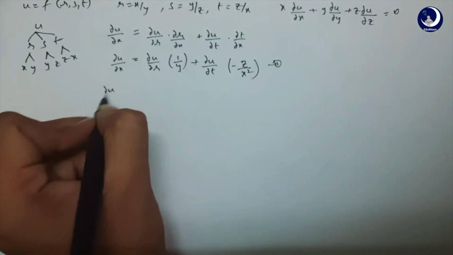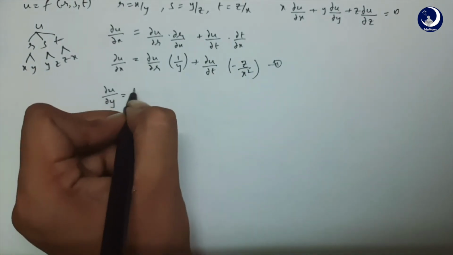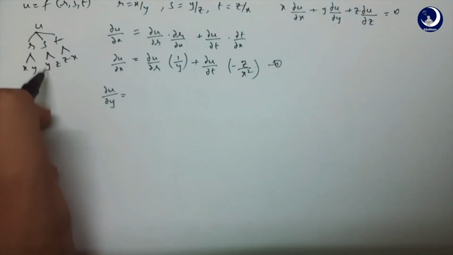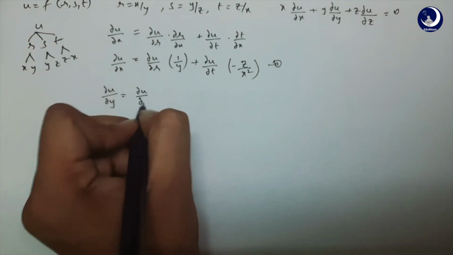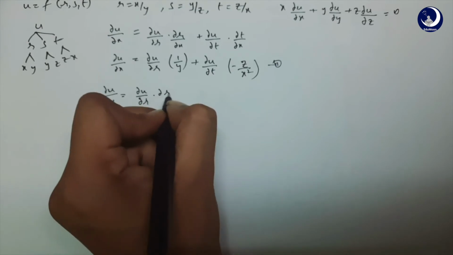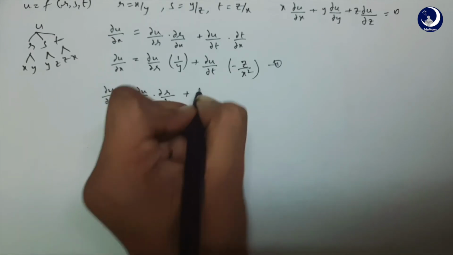Similarly, we're going to find ∂u/∂y, and these two are our paths, so we get ∂u/∂r into ∂r/∂y.